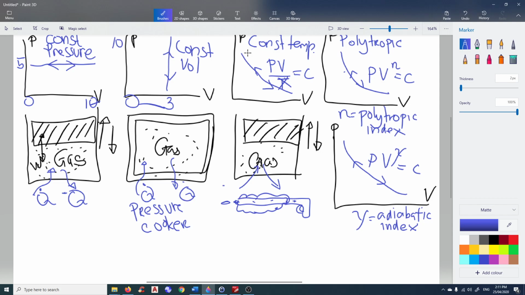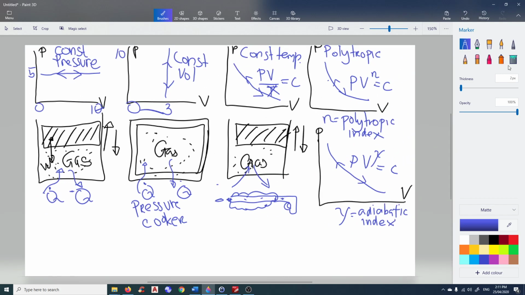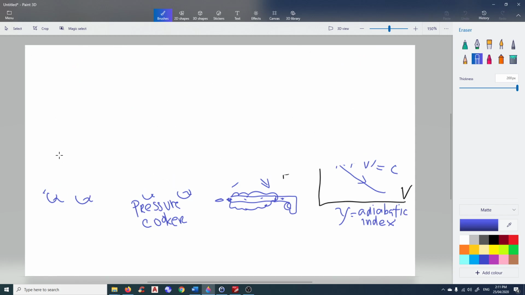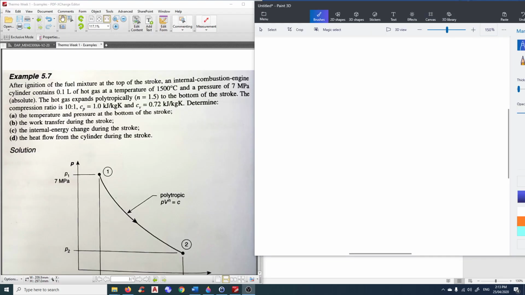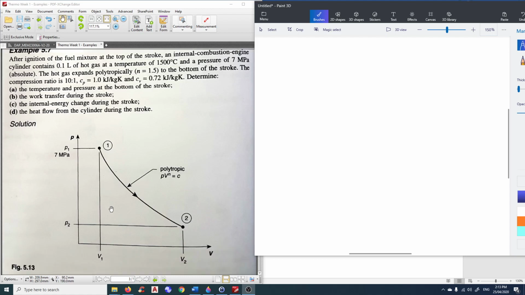So let's do a quick example on individual process so you know what we are after. Let's have a look at example 5.7. The question clearly says it is a polytropic process, so you don't have to think twice.